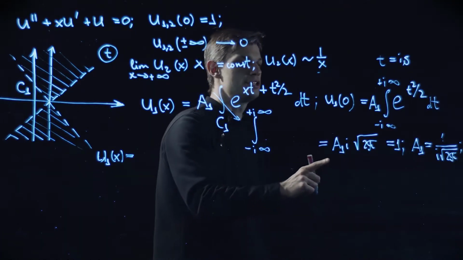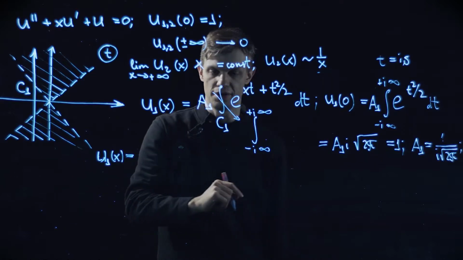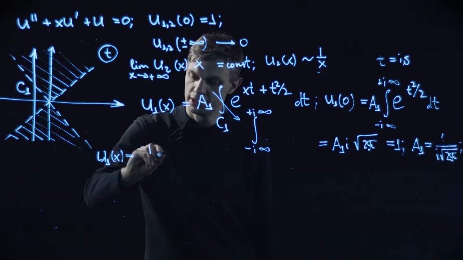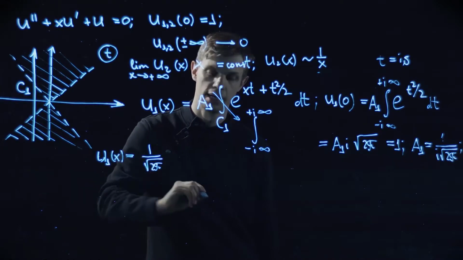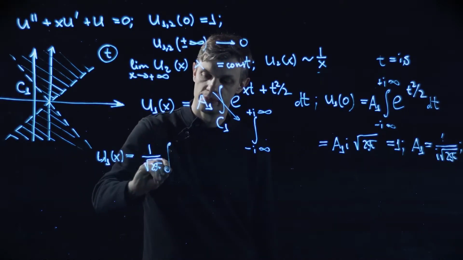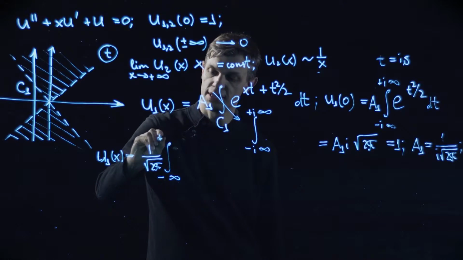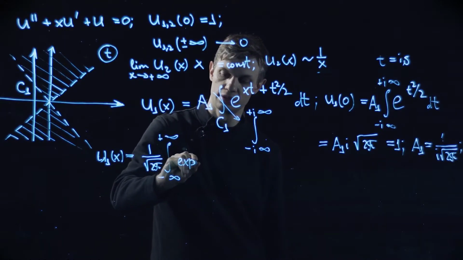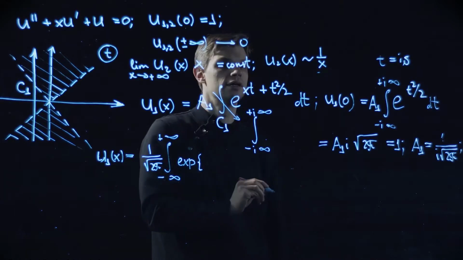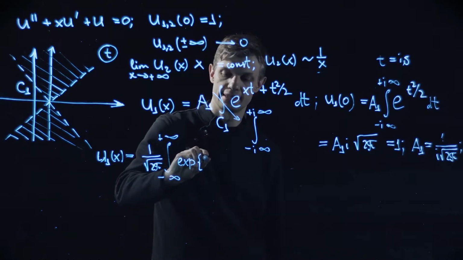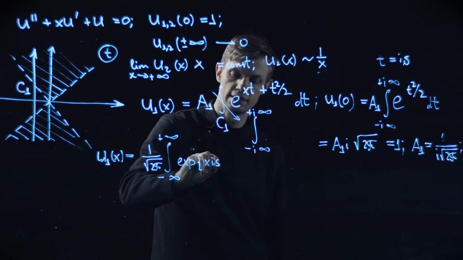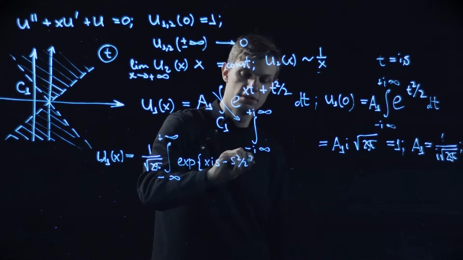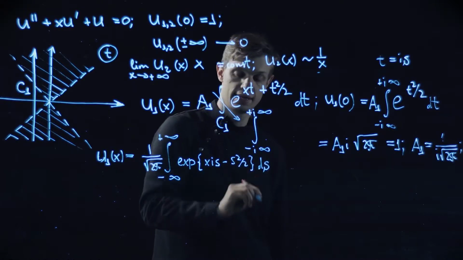Let's switch to the s integration variable. So it's 1 over 2 pi, the integral from minus infinity to plus infinity, of the exponential of xs minus s squared over 2 ds.